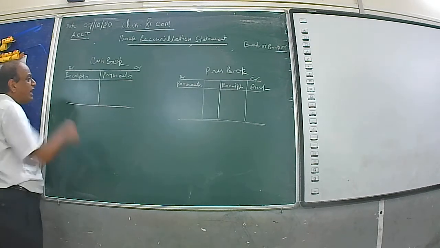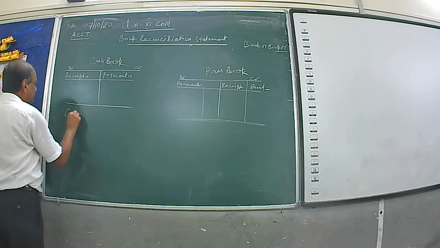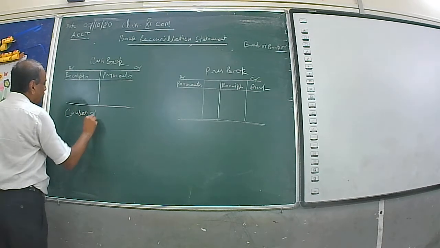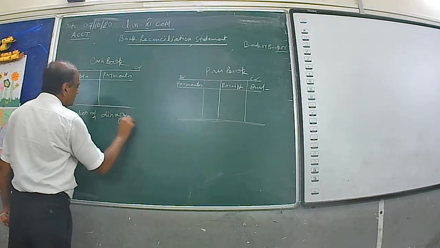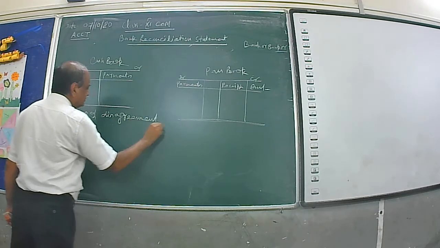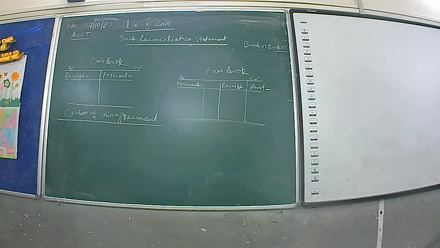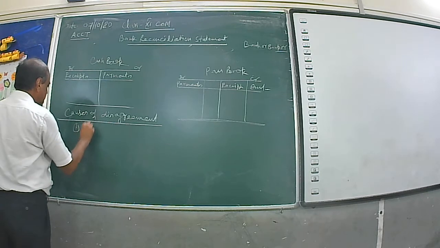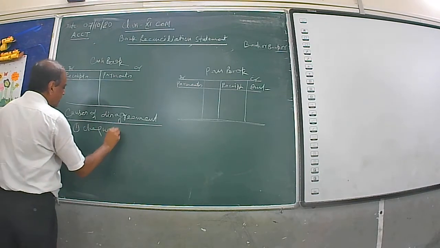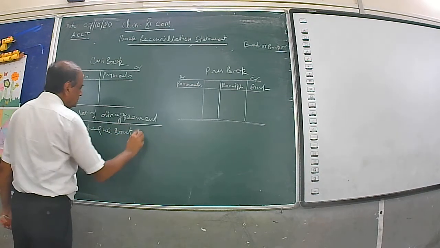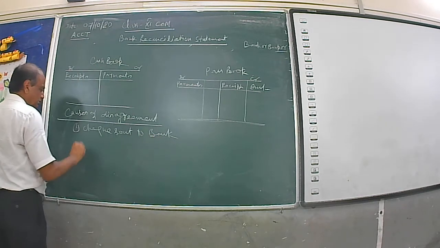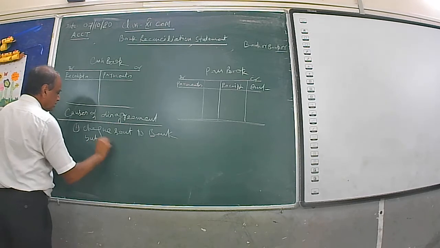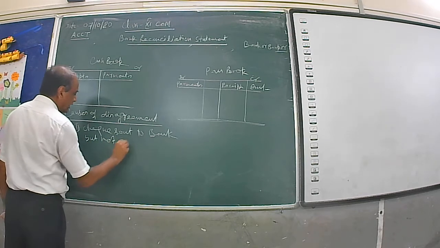Before solving the problem, you see the causes of disagreement. What are the causes of disagreement? Number one, check sent to bank but not collected.